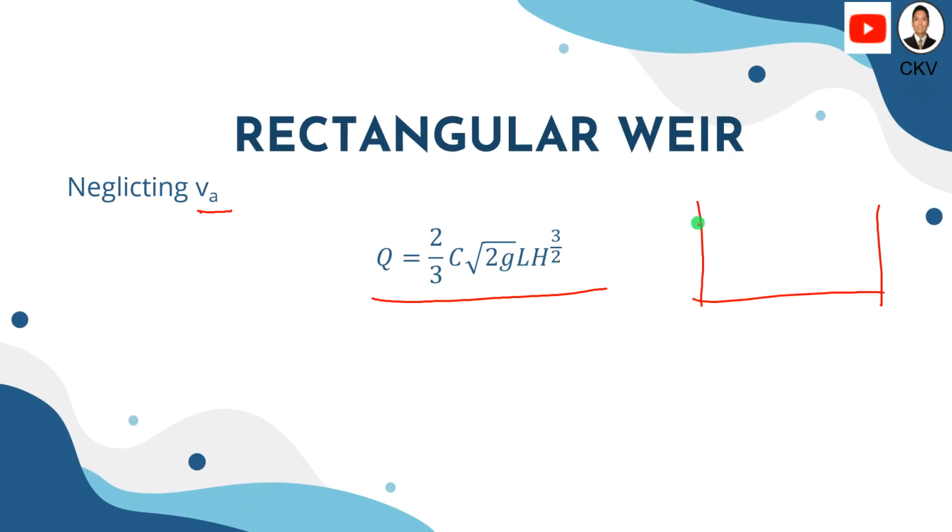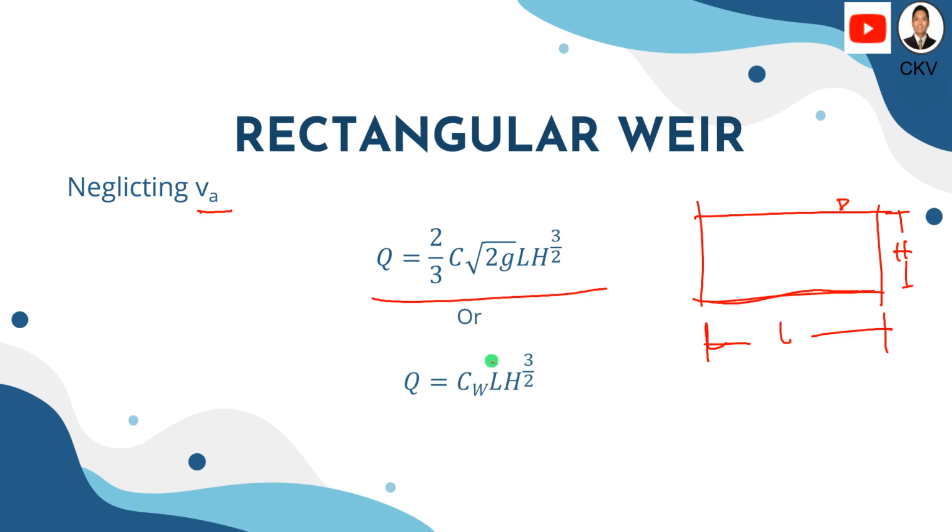Again, L is the length of your weir, or if you are looking at the cross section of the weir, that's your width. And H is the height from the liquid surface to the bottom end, or the opening of the weir. Or again, if we combine these terms, we have the weir factor Cw multiplied by L H raised to 3/2.